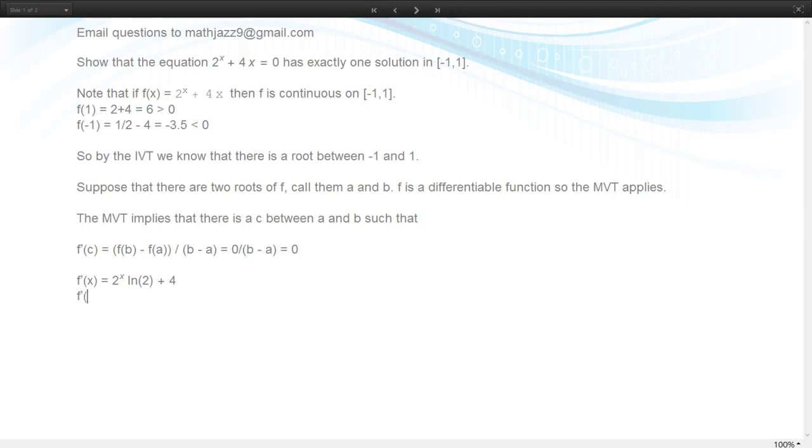So f prime of c, that point where it's supposed to equal 0, is equal to 2 raised to the c times the natural log of 2 plus 4. But here's the problem. If this is equal to 0, then that means that 2 raised to the c times the natural log of 2 is equal to negative 4.